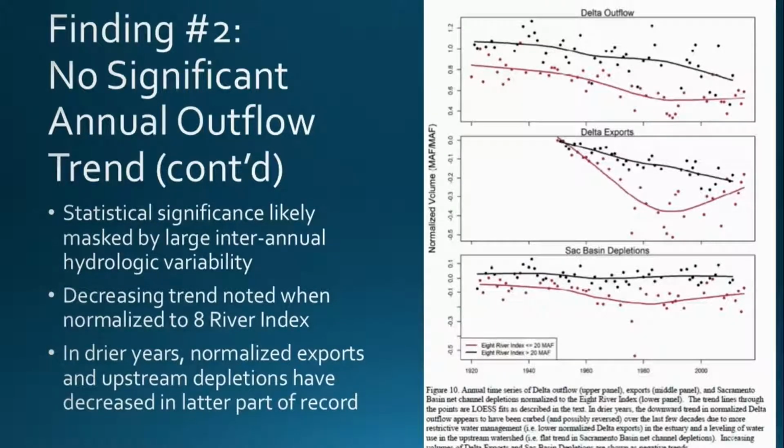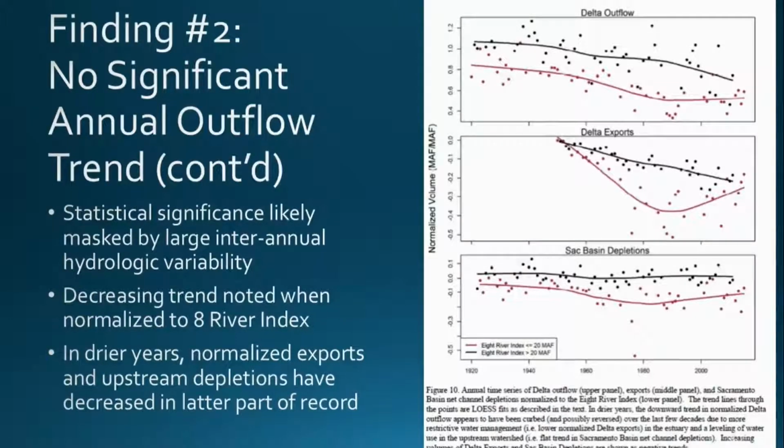And I broke the data set into 2 groups, a wetter period, which are the black dots, and a drier period, which are the red dots. I thought this was a really interesting slide because in the wetter years, you could see over time a decreasing outflow over the 9 decades. But in the drier years, once you got to about the 1980s, that trend really flattened out and stopped. So in terms of a normalized outflow, we're not seeing lower outflows.